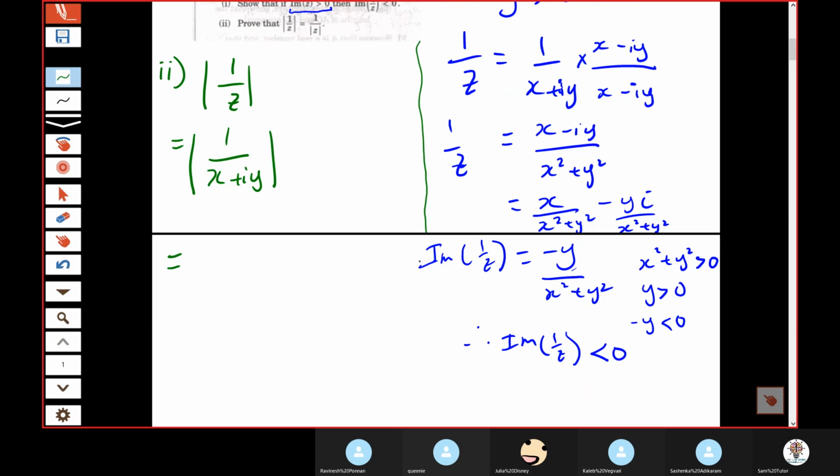All right, equals the modulus of, we've already converted this, I'm just going to use it. So x minus iy on x squared plus y squared. Is that okay? Everybody? Any questions?